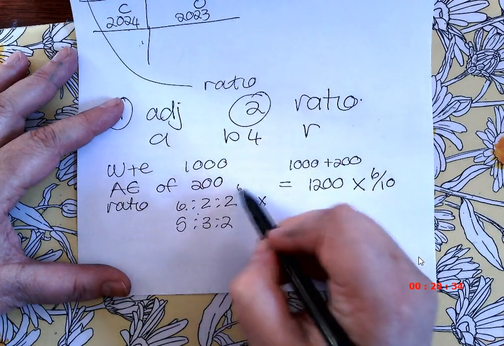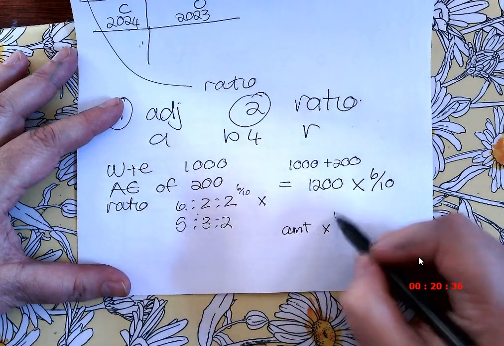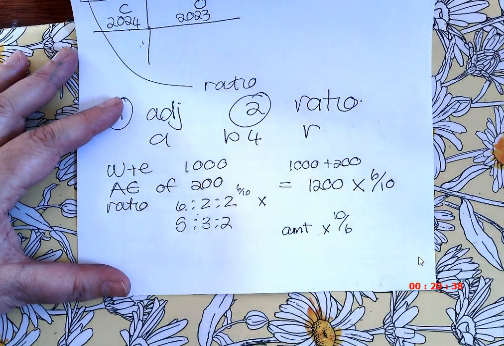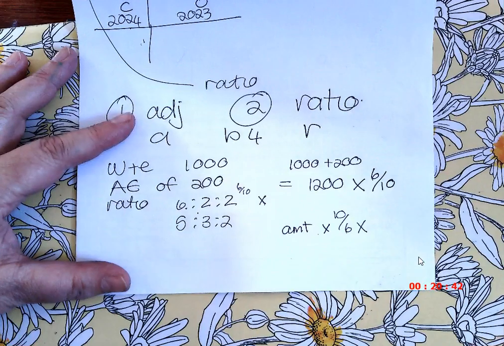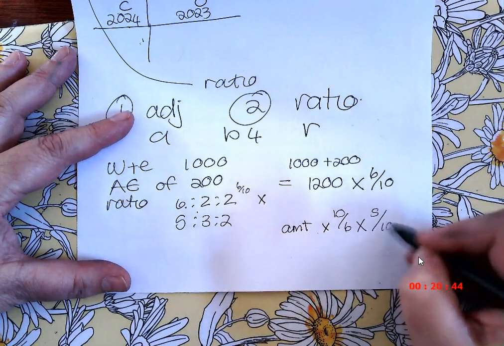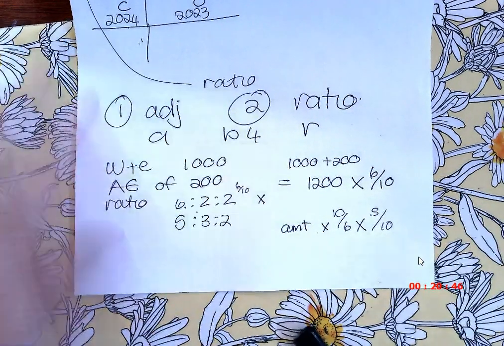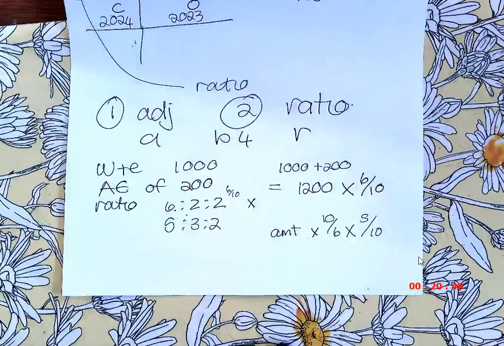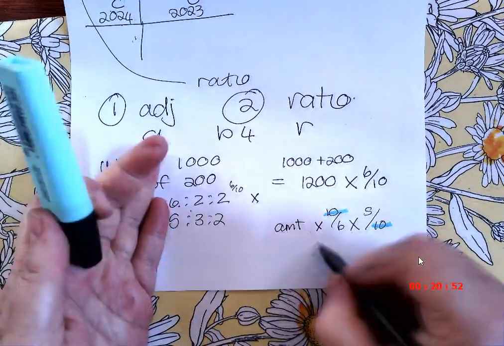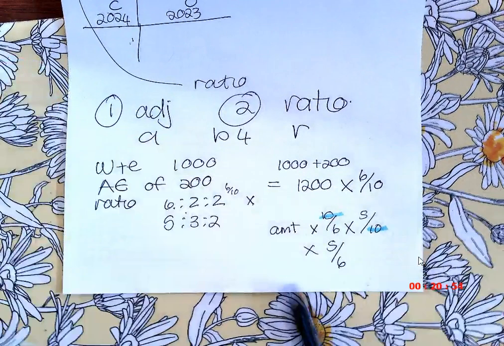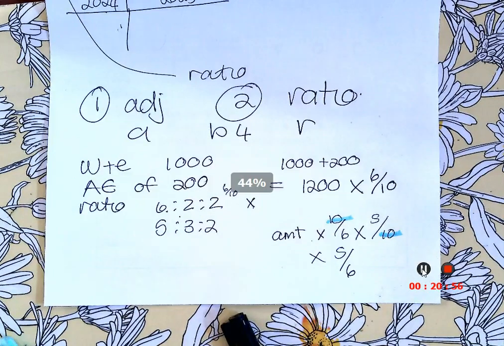Remember, if we worked it out, it was 6 out of 10. So now I'm going to say 10 over 6. And then I'm going to say, okay, let's ratio it the way it should, 5 over 10. And now you can see the 10s cancelled. So if you just say times 5 over 6, it's also fine.